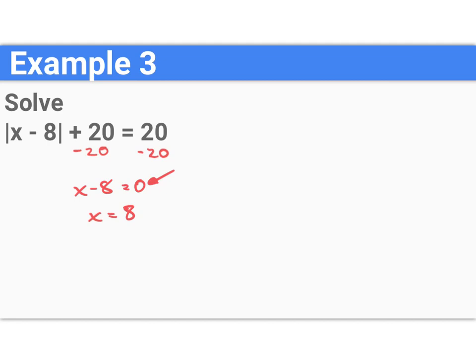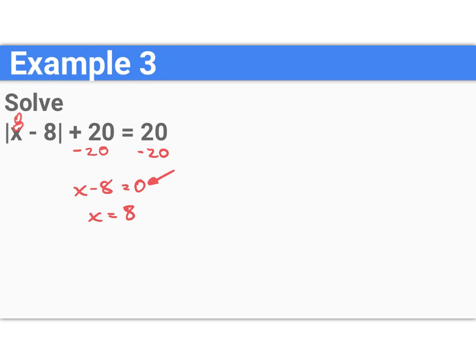And so what I was trying to say is that 0 is not positive nor negative, so there is no negative case because it's 0. Once you stick an 8 in here and you get 0, there's no other number that will give you 0 on the inside of this absolute value.